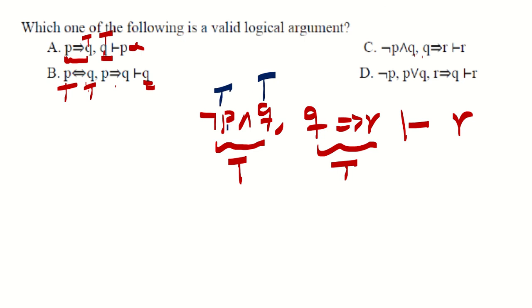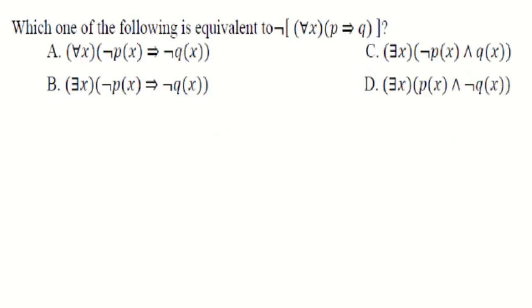So Q true means, for the whole premise to be true, R cannot be false. The reason is because it implies. In case of implies, if the premise is true, the conclusion has to be true, for the whole to be true. Otherwise, Q true, R false means the whole becomes false. But as a premise, we took it as true. Therefore, R must be true here. So the answer will be C. The valid one is C.